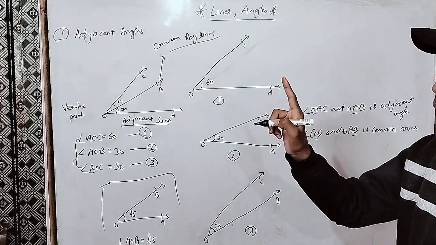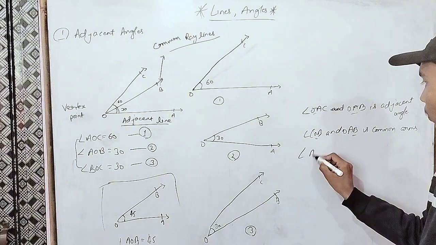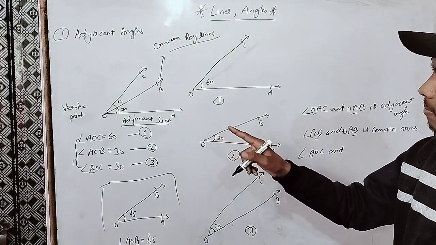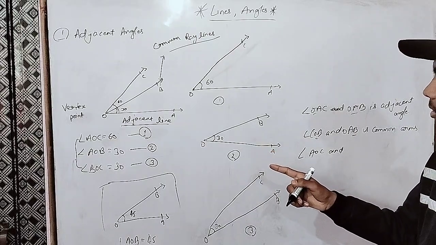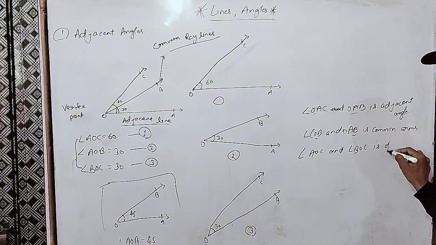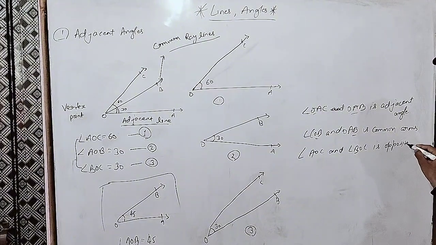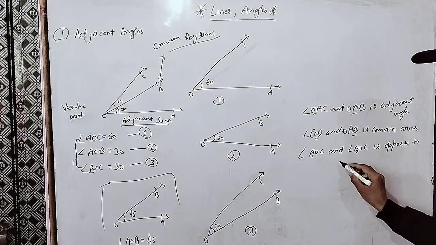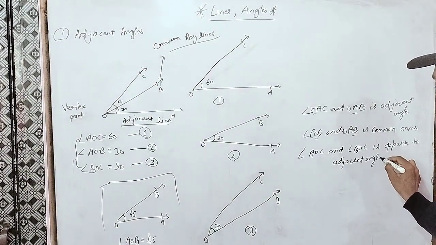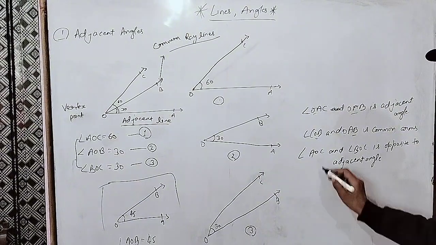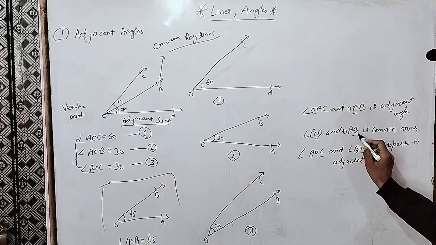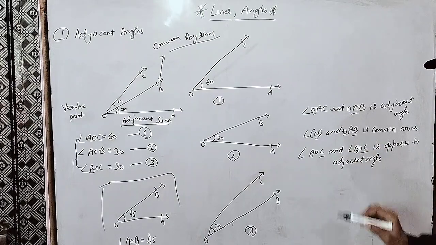Now AOC and BOC is what? Opposite to the adjacent angle. So here we are looking at OC and OC, and OA, OB and OC.